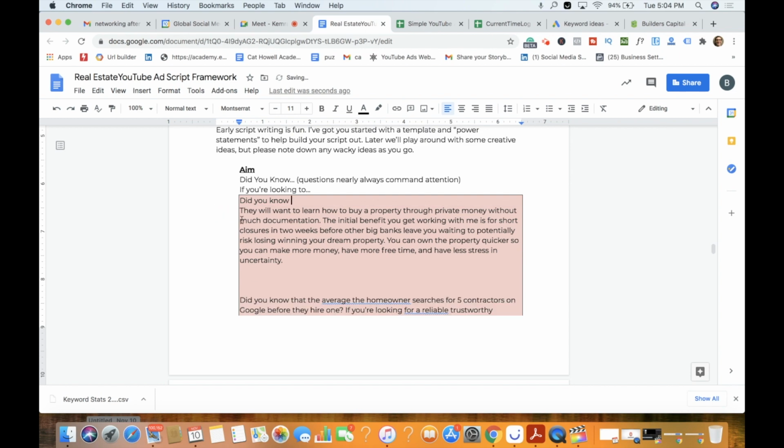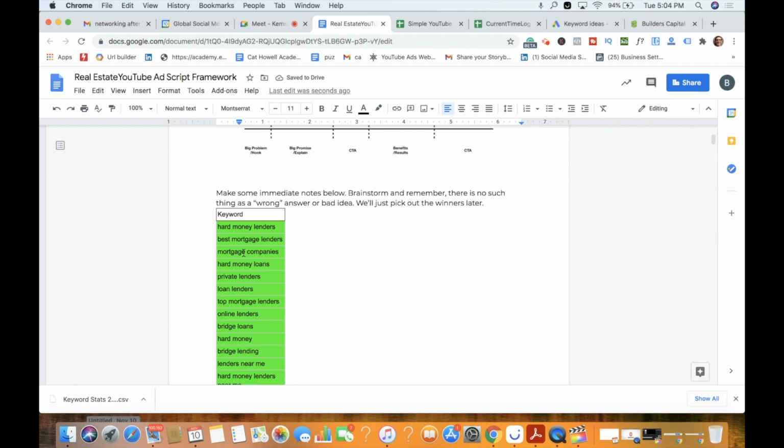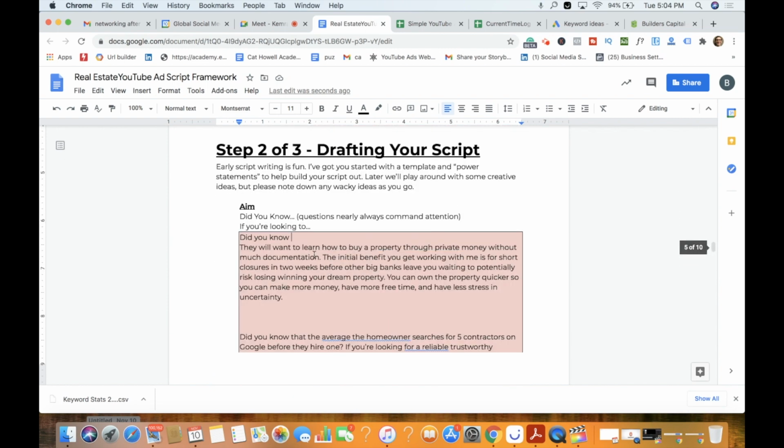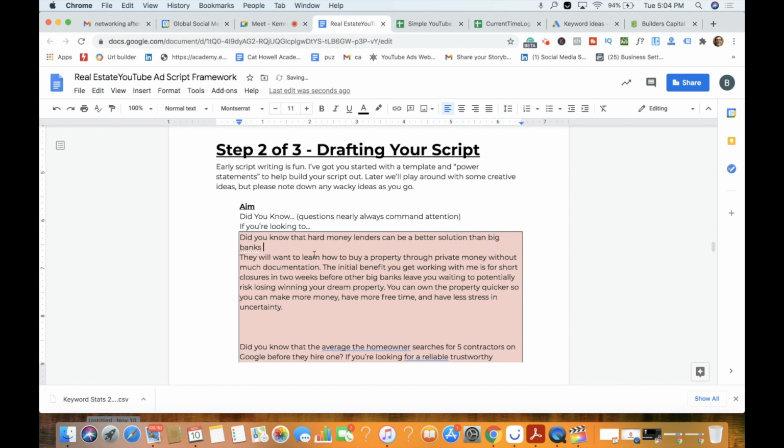So using some of those keywords that we said. So I would go back and say, did you know that hard money lenders can be a better solution than big banks to find your dream property?